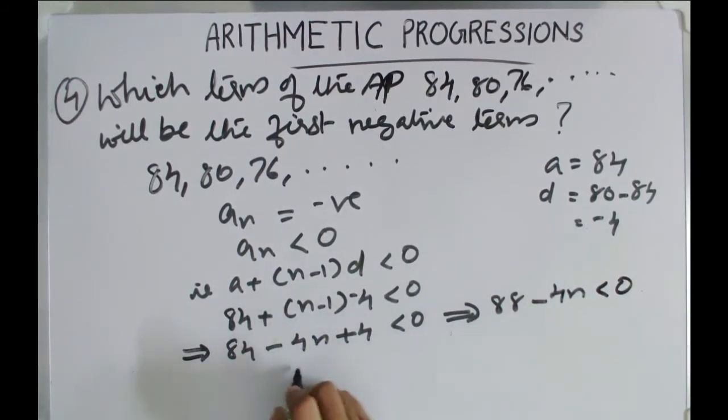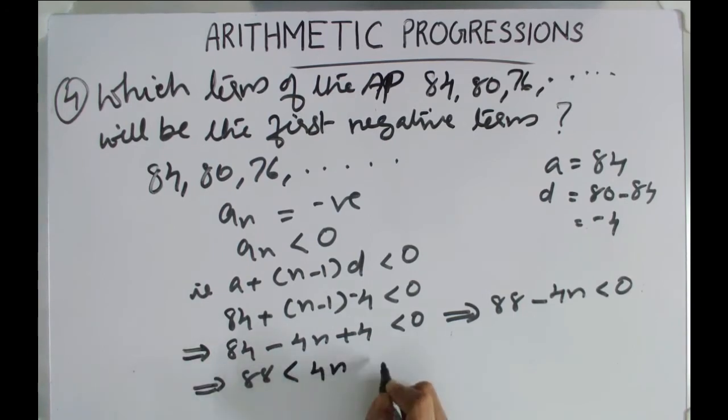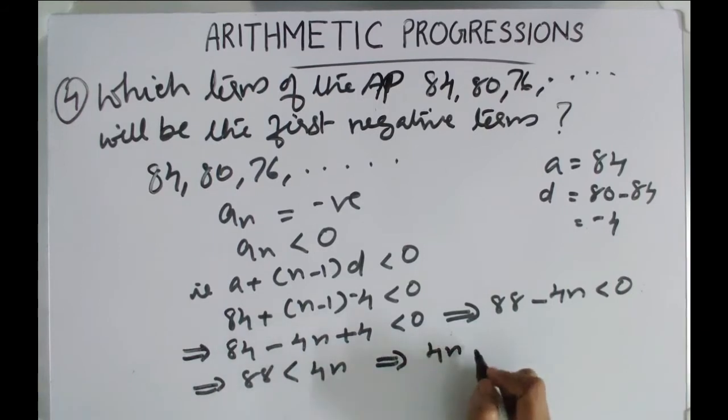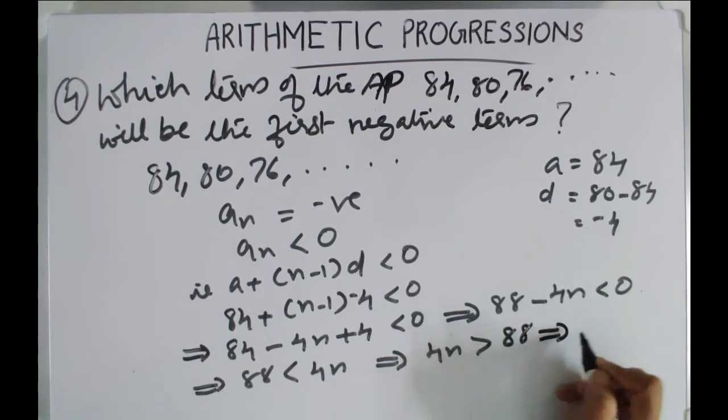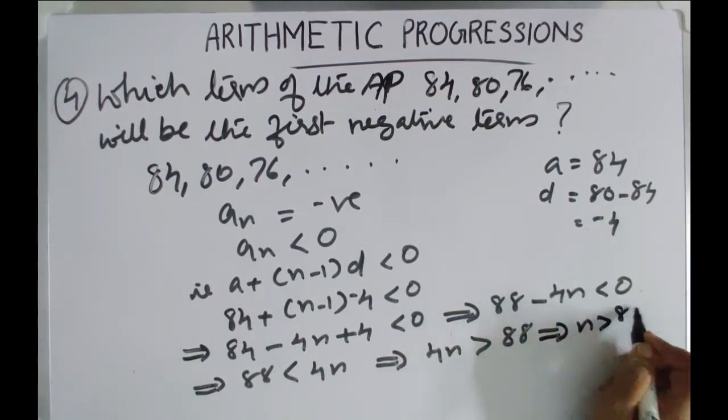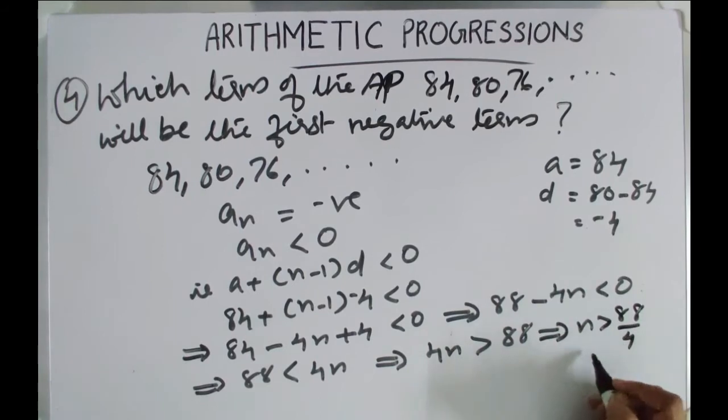This implies 88 is less than 4n. That implies 4n is greater than 88. That implies n is greater than 88 by 4, that is n is greater than 22.